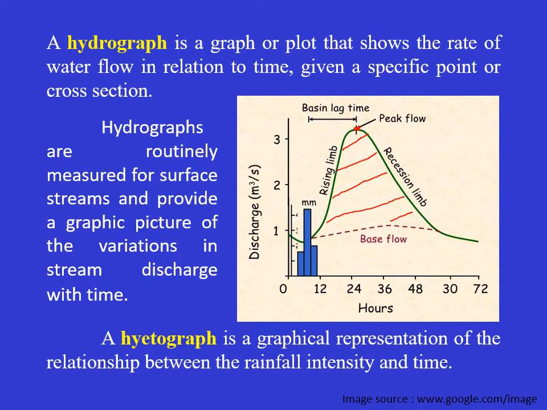So in the rest of the days, the flow through the streams or rivers is within the base flow, and particularly on that day when the rainfall happens, the discharge or the amount of water flow through the stream channels will be much higher. So that is indicated by this peak.